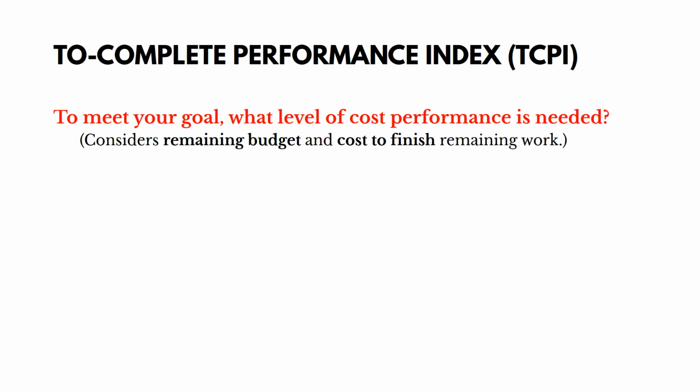So you look at how much budget you have left over and the cost to finish the remaining work, and then you determine, okay, how efficiently do we have to be spending our money? So if we have $500,000 left in our budget, and we estimate it's going to cost $1 million to finish it, we've got a problem. We've got to be much more efficient in how we spend our costs.